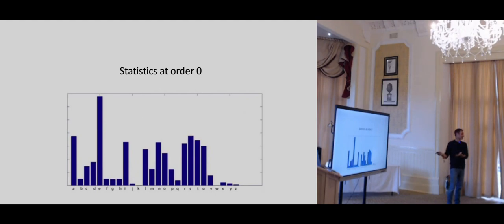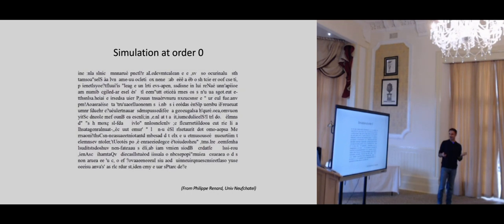This is the histogram of the book. And we can reproduce a text that follows exactly the same histogram. If we do that, we get a text like that. It doesn't look like anything, but at least if you take the histogram of this, you have the correct histogram. So it's a first approximation.